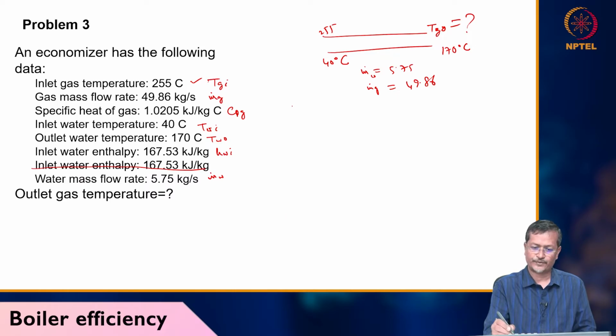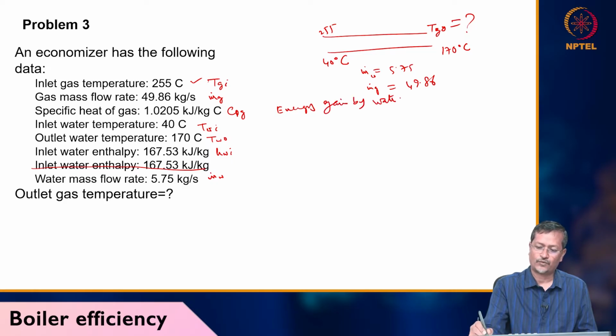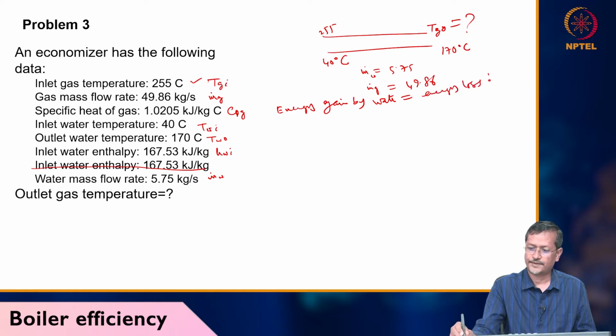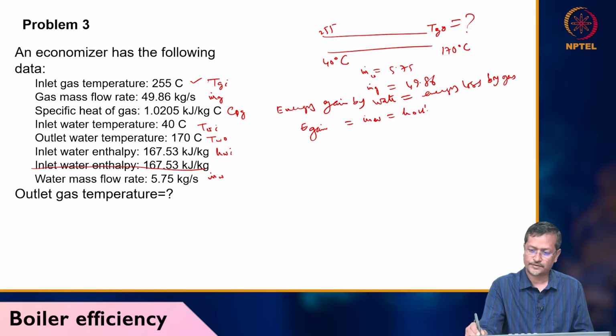Now, first the energy gained by the feed water. Energy gained by water equals energy lost by gas. So E gain equals m dot water times (H out minus H in).